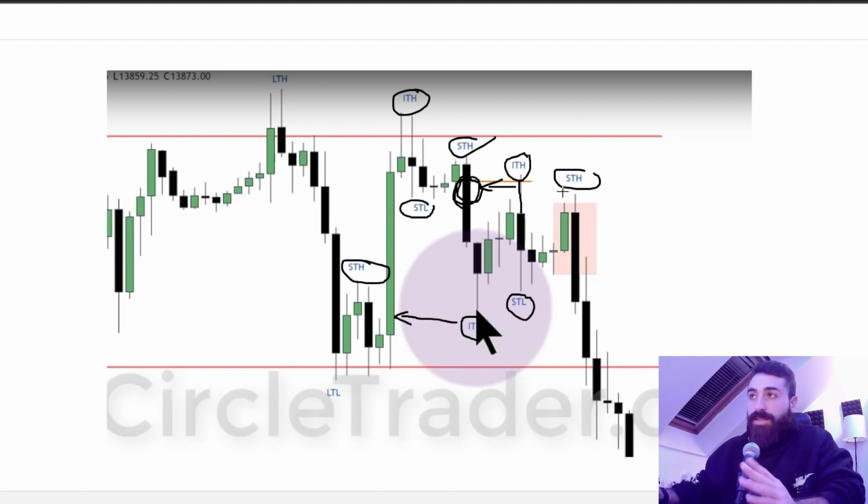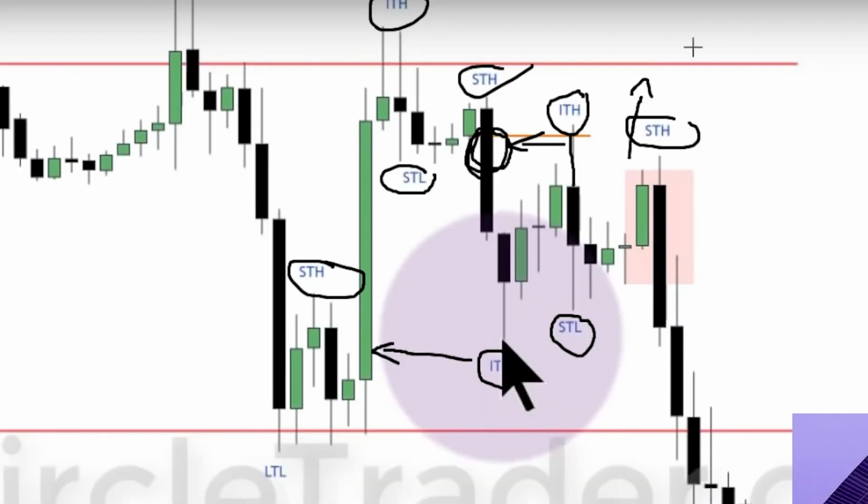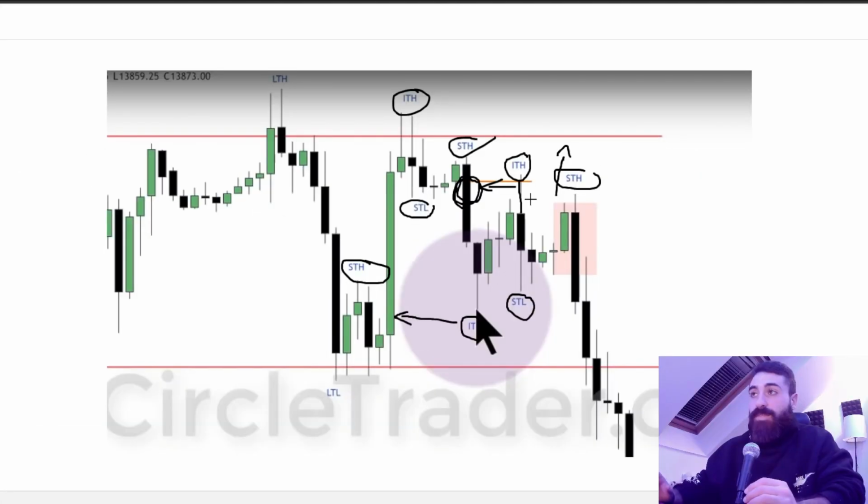Well, how can this help us? This means that if it goes above it, our idea is wrong. That means our idea is not correct, which saves us a trade. But if it makes a short term high next to it, it actually confirms our idea, our context that we can go short. And as we can see here, the price comes back.